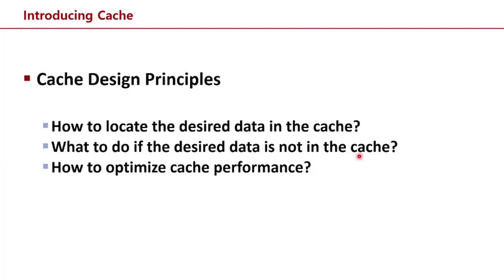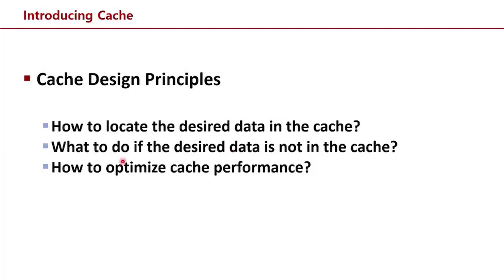The two important concepts you have to remember are cache hit and cache miss. If the data is found in the cache, you can say that a cache hit is taking place. If the desired data you're looking for is not located in the cache, we can say that a cache miss occurred.